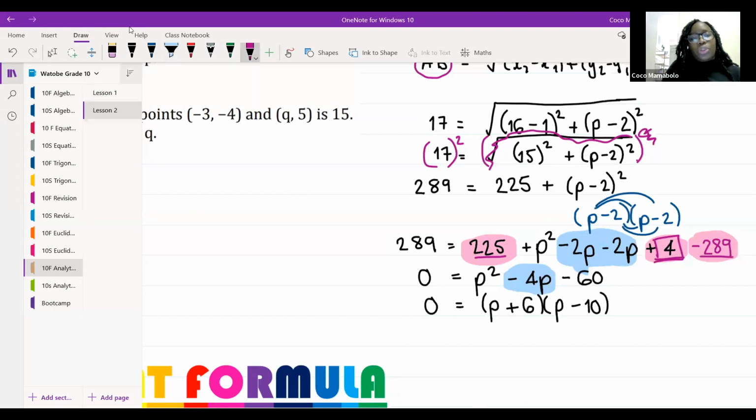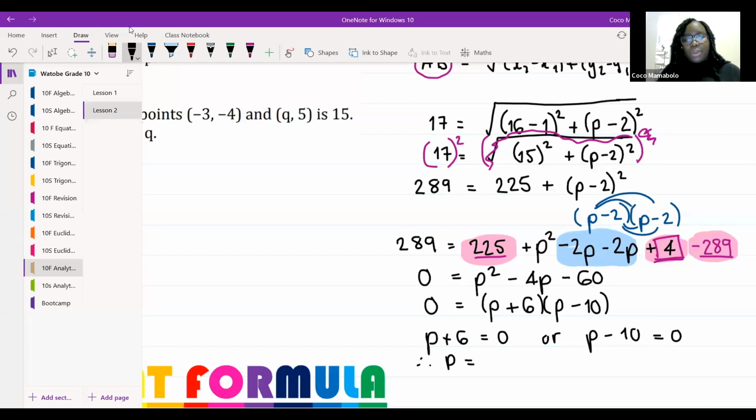No, we're not going to use FOIL, Amgelang, at this point. We've got the answer that we want. Okay. Because we're going to then say, like we do when we're solving equations, p plus 6 is equal to 0, or p minus 10 is equal to 0. Therefore, p is equal to negative 6, or p is equal to 10.